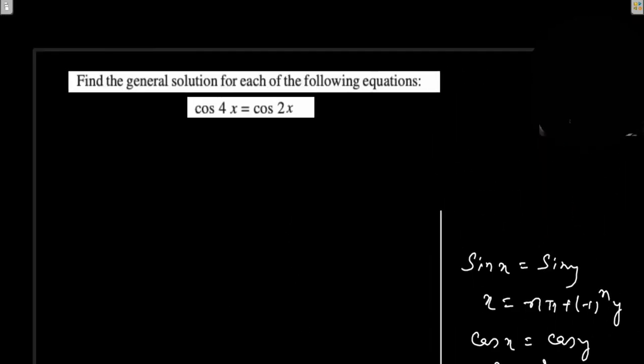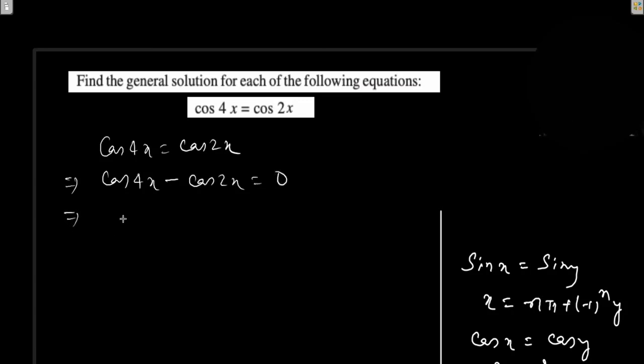My first problem is cos 4x equals cos 2x. What I can do is write cos of 4x and then bring cos 2x to this side, so this becomes cos 4x minus cos 2x equals 0. Now I also know the formula of cos c minus cos d.